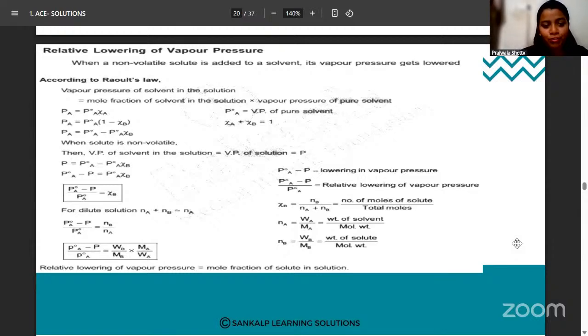The vapor pressure of a solvent in a solution is less than that of the pure solvent. Or you can define it as well: when a non-volatile solute is added, its vapor pressure gets lowered. This is one colligative property.